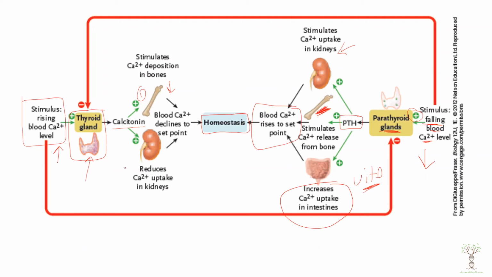And then it will also stimulate the kidneys, and it will decrease the amount of calcium that's taken up, so more calcium will be excreted. And then we will go back into homeostasis. So parathyroid hormone will increase blood calcium, and calcitonin will decrease blood calcium.